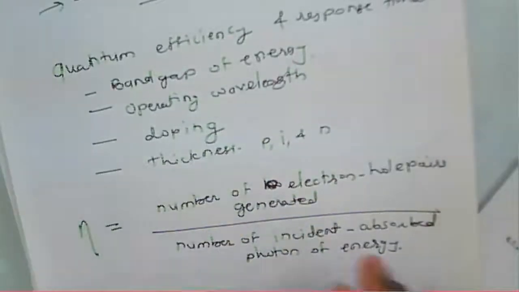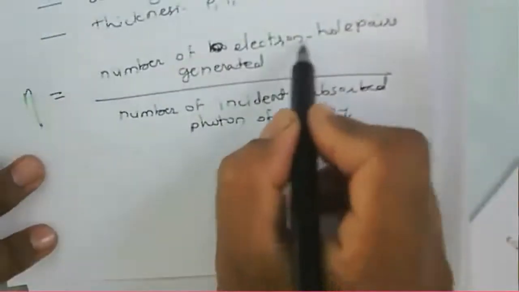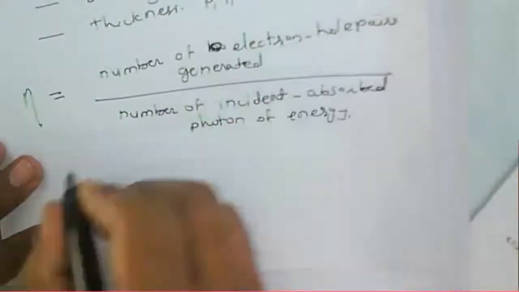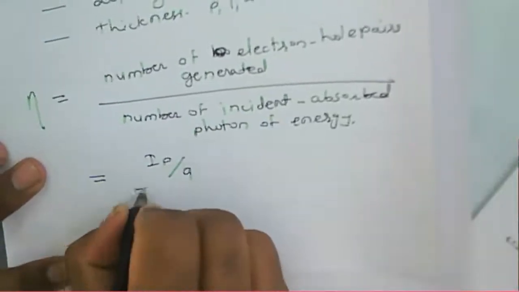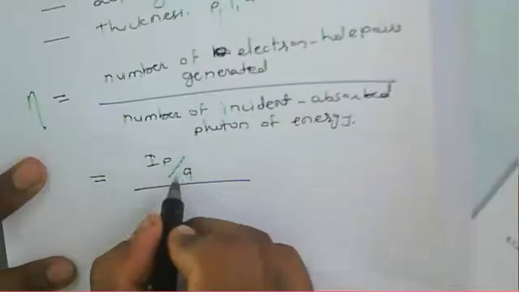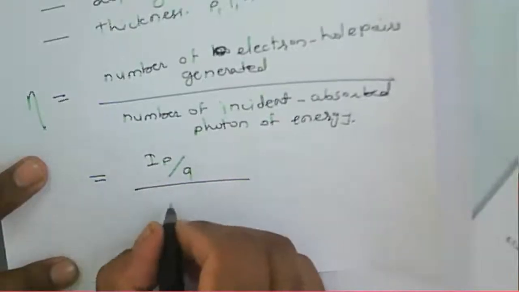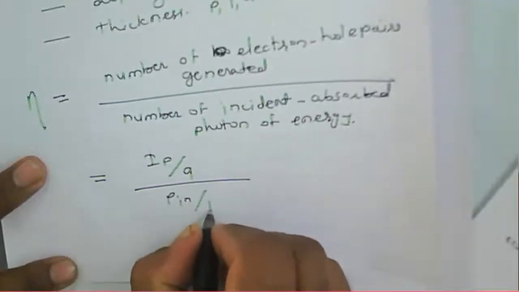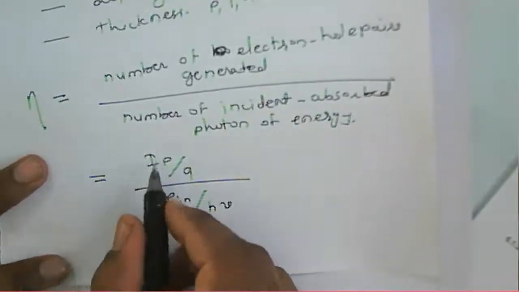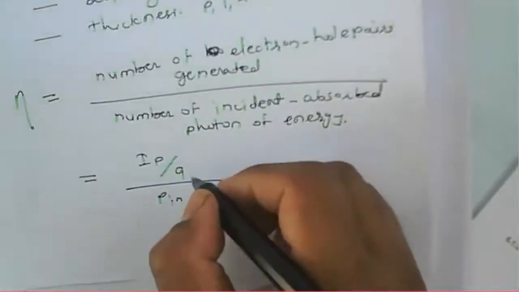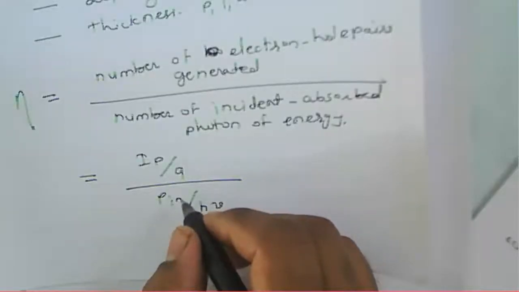So the quantum efficiency is the number of electron and hole pairs generated, and if you write the equation, it is Ip by q, that is the number of electron-hole pairs generated, divided by the incident power P in by hν. Here Ip is the photocurrent, and P in is the incident power.